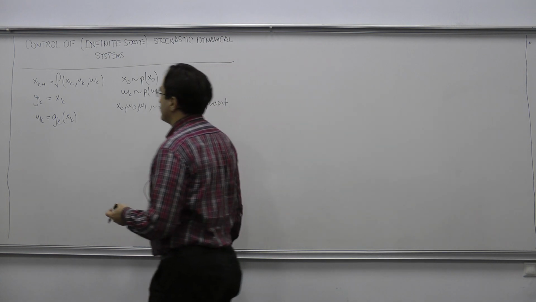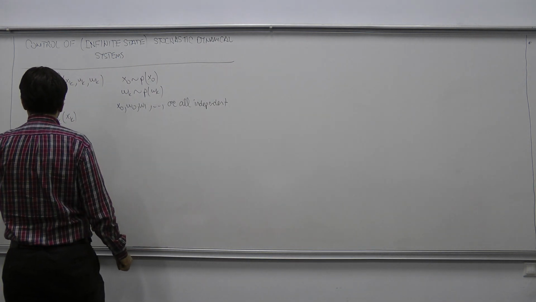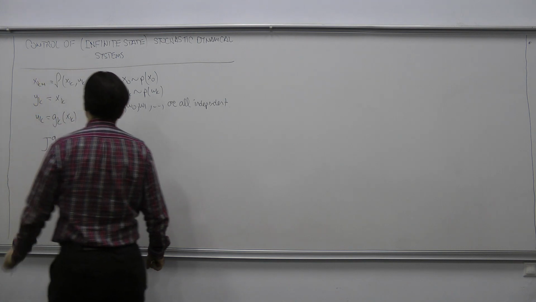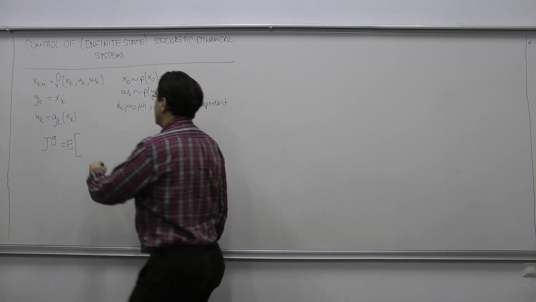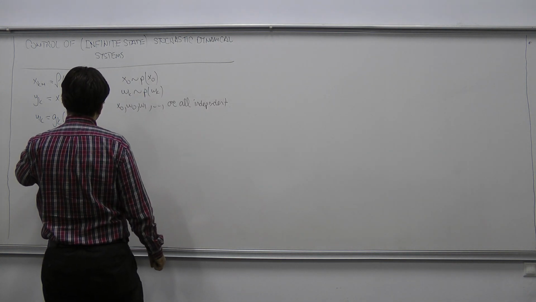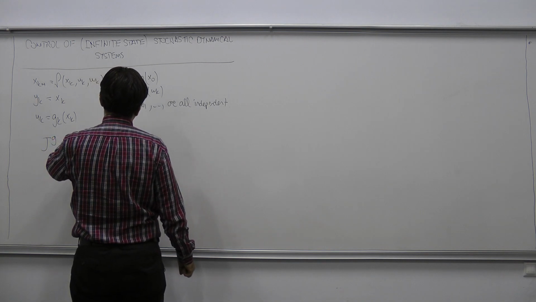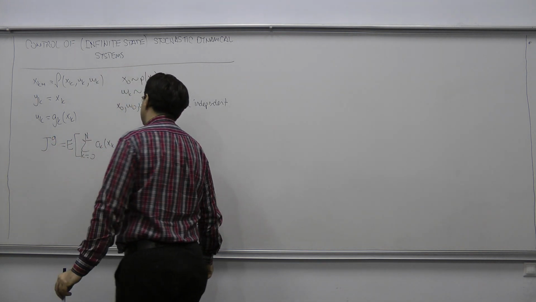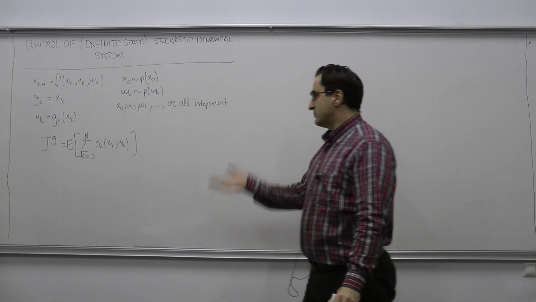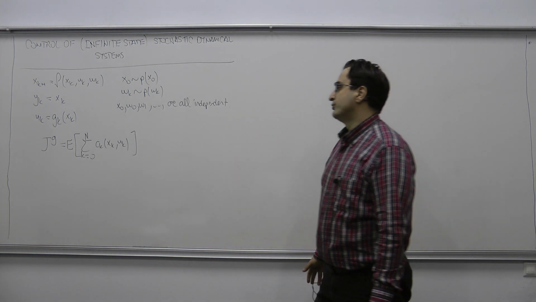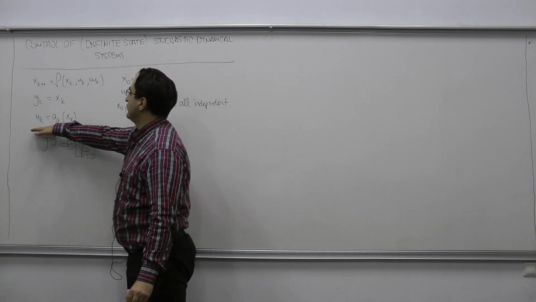Okay? So now we would like to apply optimal control to this stochastic system. And in that case, I need to, of course, define a cost function. So let us consider the finite horizon case. So I have k from 0 to n, and I would have c_k(x_k, u_k) given like this. So that is my cost function, and I would like to minimize this to find an input of this form.